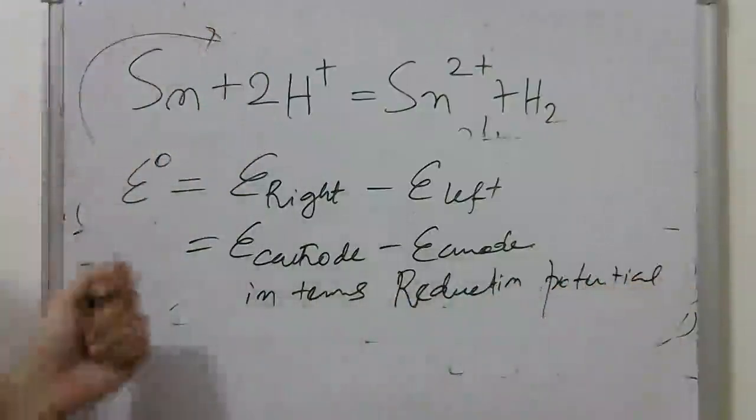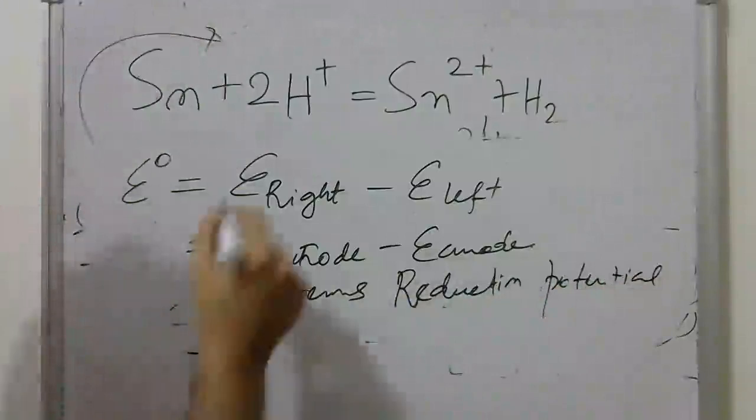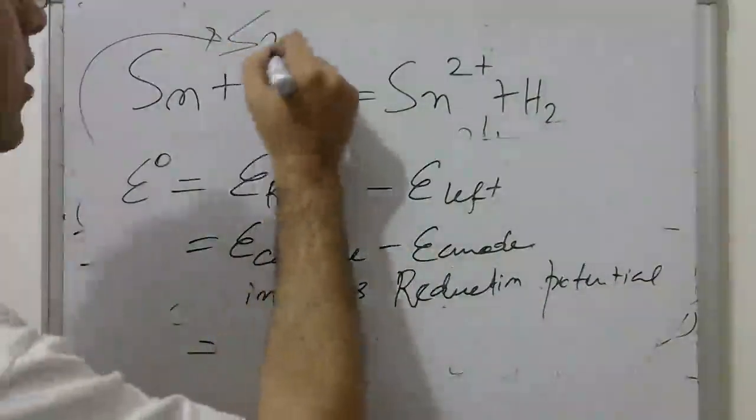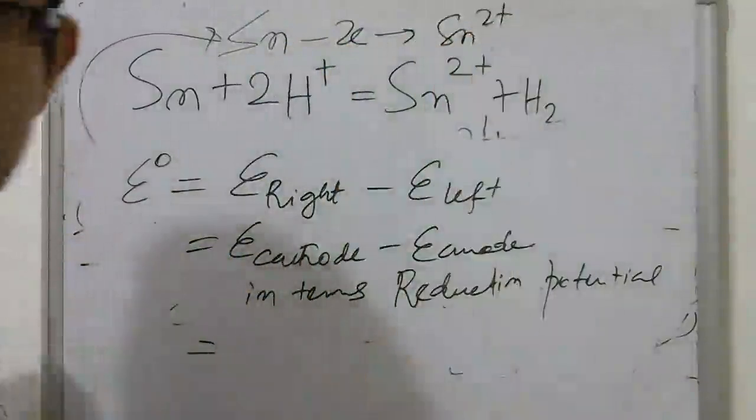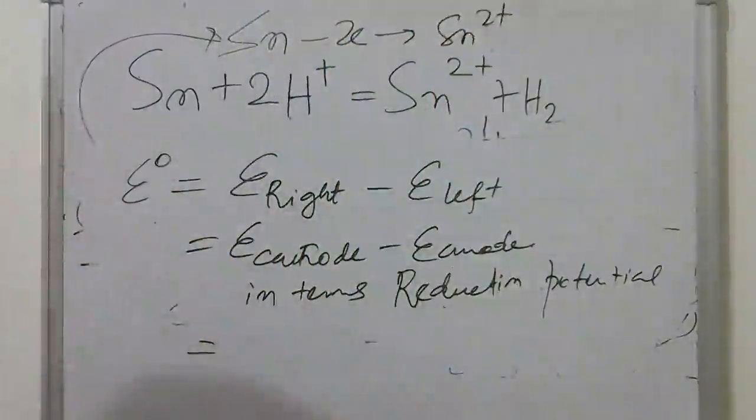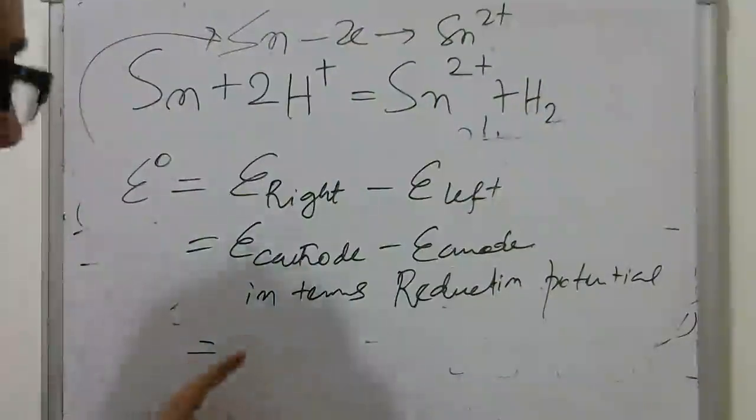So E0 is given for the cathodic reaction. For the reaction Sn2 plus plus 2 electrons to Sn, the value is given, I guess. What is the value? Minus 0.136.